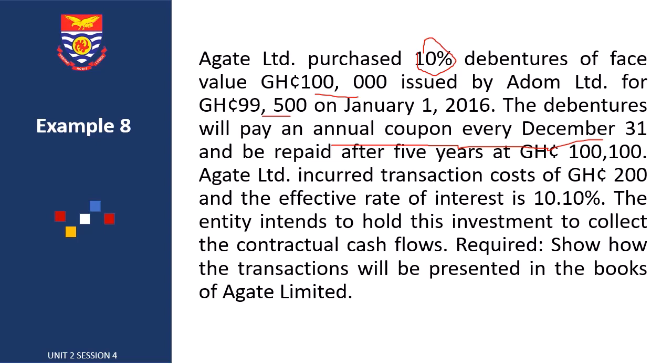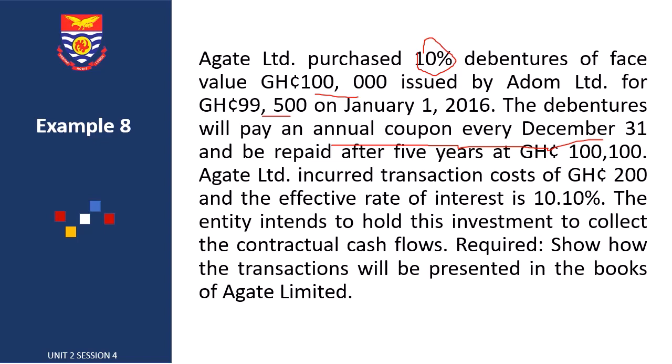Every year from 31st December 2016, the coupon amount has to be paid, and the rate is 10%. Who will be paying? Adum. So you, Agate Limited, would be receiving this as an income, interest on the debenture that you bought.